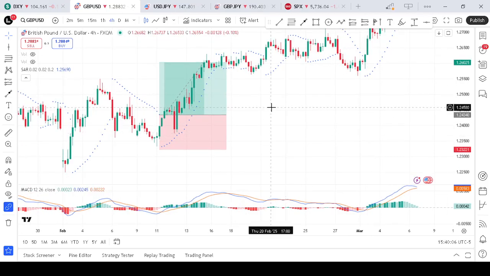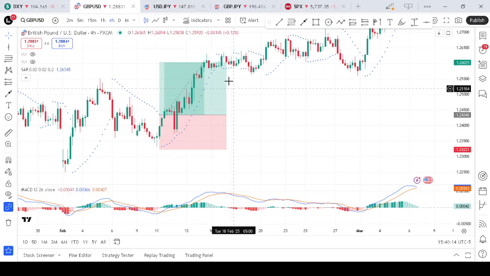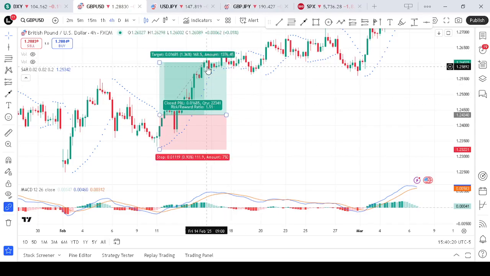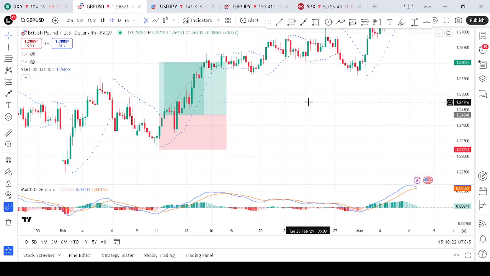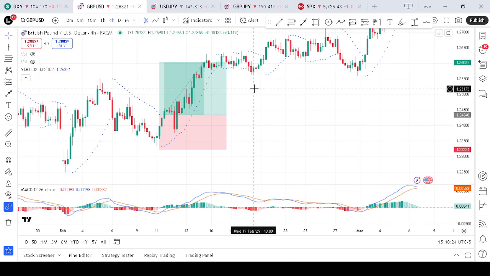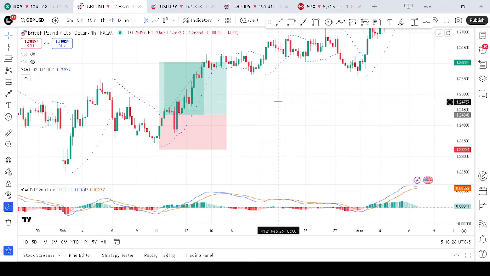Thirdly, we need to exit the trade when either indicator shows weakness. Once we see any weakness in any of the indicators, when we see a crossover or when we see the Parabolic SAR coming above or below the price, we need to exit the trade. These rules form a complete trading system that helps you maintain discipline and consistency in your trading decisions.